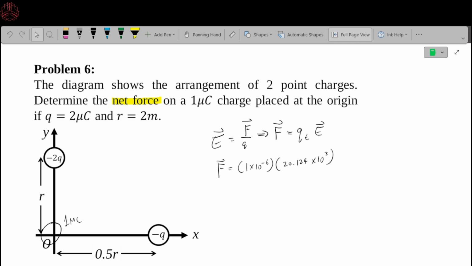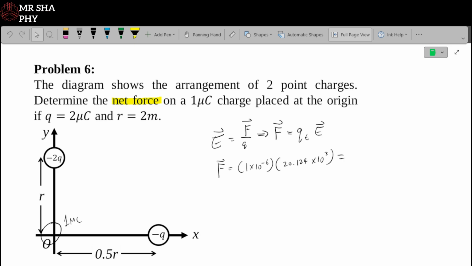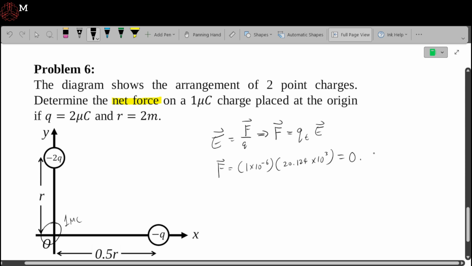Okay. And so the force that I'm going to experience is going to be, let's see, 0.02 Newton.